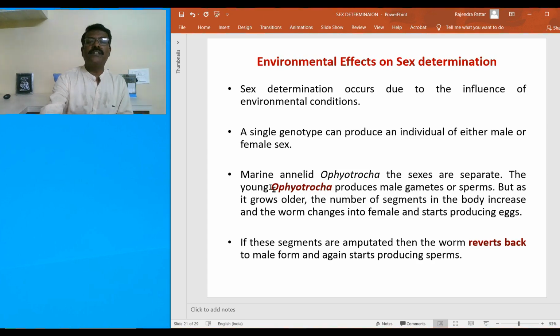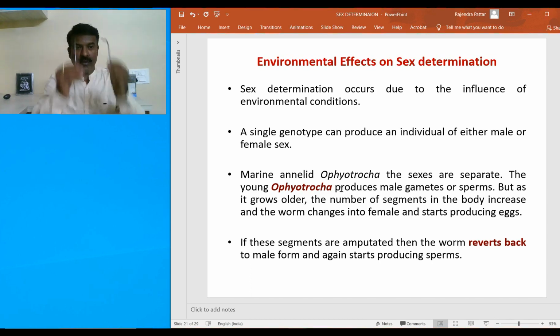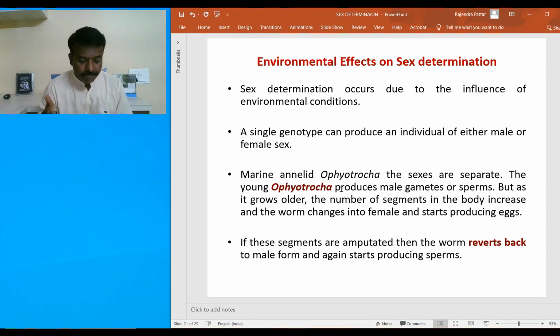Here is one example, a marine annelid called Ophiotrocha. In this Ophiotrocha, what happens? The zygote is formed already, no doubt. But once the zygote develops into a male young one, after attaining sexual maturity, it will begin to produce sperms as it is a male individual.